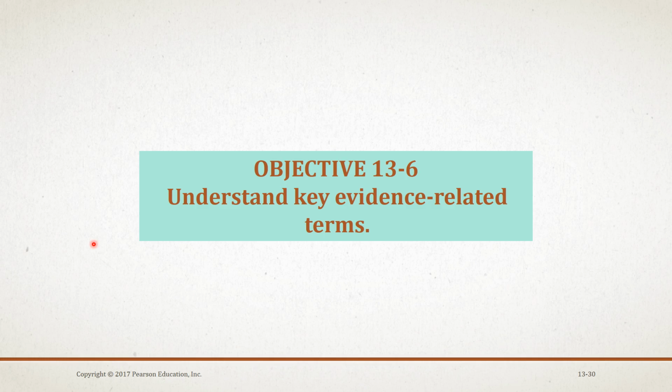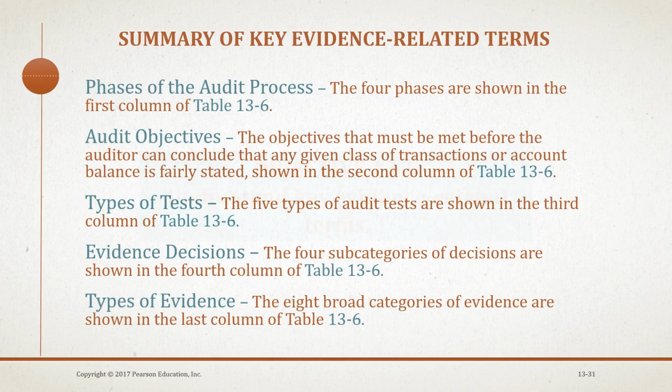Objective 6. Understand key evidence-related terms. So, a summary of the key evidence-related terms are as follows. Phases of the audit process. What objectives are we looking to accomplish? The types of tests, the decisions, and the types of evidence.